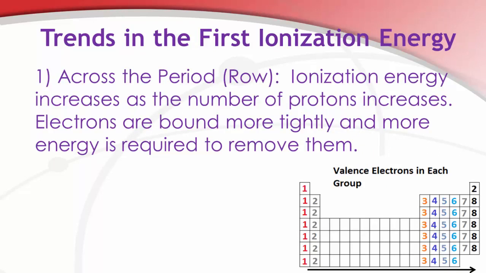Now, this is interesting, we can certainly talk about the energies of those electrons, but we can also start to look at the first ionization energy and look at the trends in this across a row and through a group.